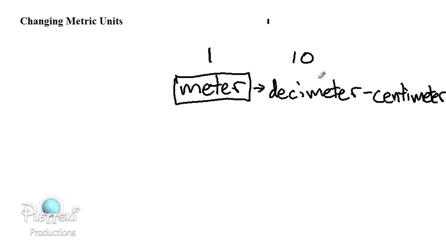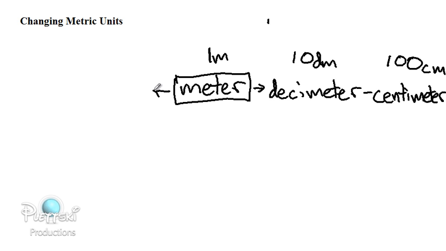And then 1 meter will also be 100 centimeters. Okay, so 1 meter would be 10 decimeters and 100 centimeters. And we could go smaller yet and go to millimeters, and those you would have 1,000 millimeters in 1 meter.